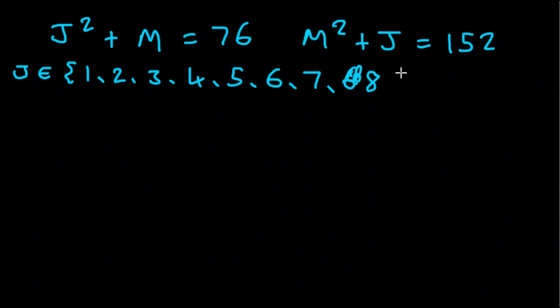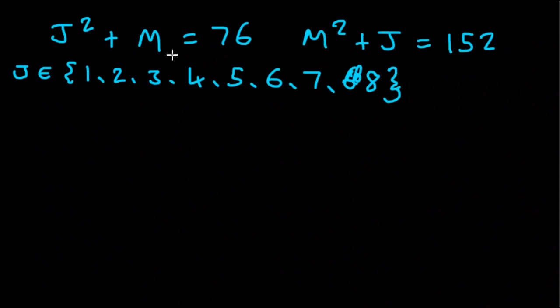And 9 squared is 81, which is greater than 76, so we cannot have that. So J takes values in here, and we could substitute all of them into this equation and see if we can find M, but we're not going to do that just yet.